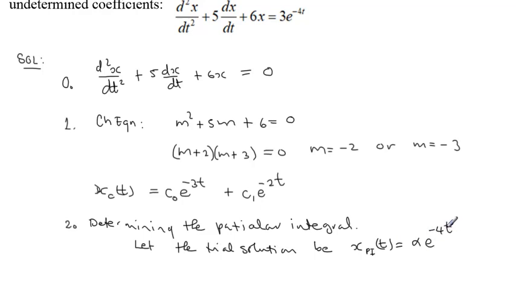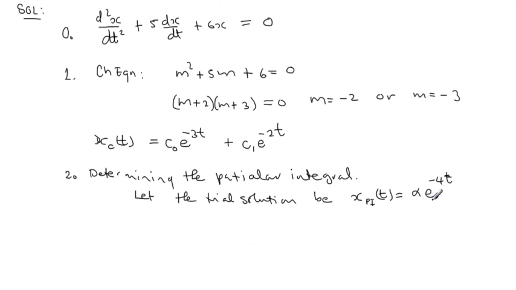What is important here when you are suggesting a particular integral is that you keep the scaling factor of t here, minus 4t, the same as the one which appears on the right hand side of the function. So we've got minus 4t there, and we've got minus 4t here. So our task here will be simply to find the alpha to get the particular solution for this differential equation.